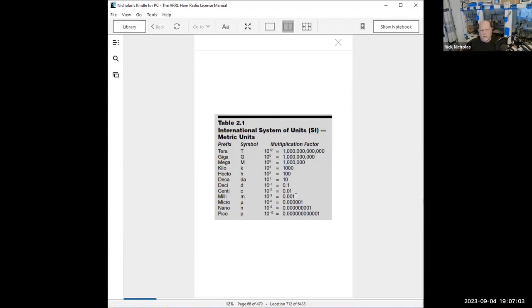So the question says, how many milliamperes are in 1.5 amps? Well, as I said, there's 0.001 or 10 to the minus 3. But the easy way to figure this out is the first number here. If it was 0.1, it'd be a tenth, a hundredth, a thousandth. So a thousandth of an ampere is a milliampere.